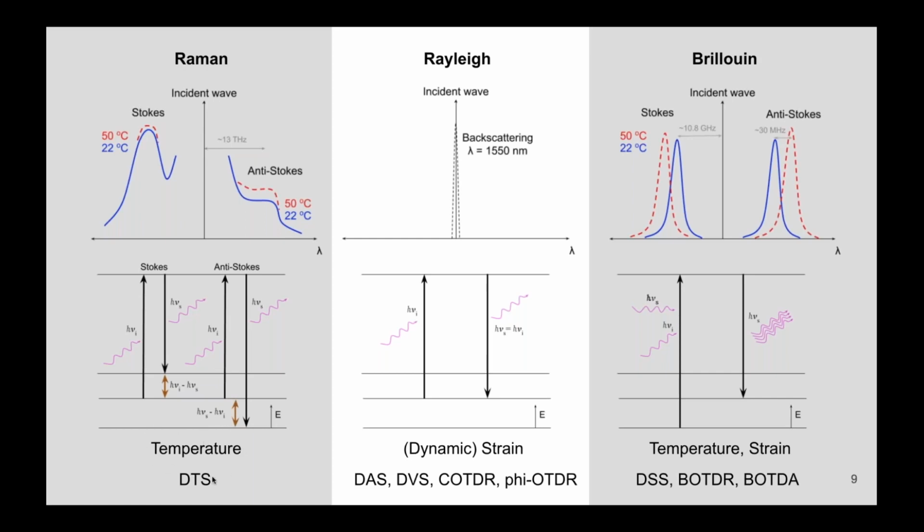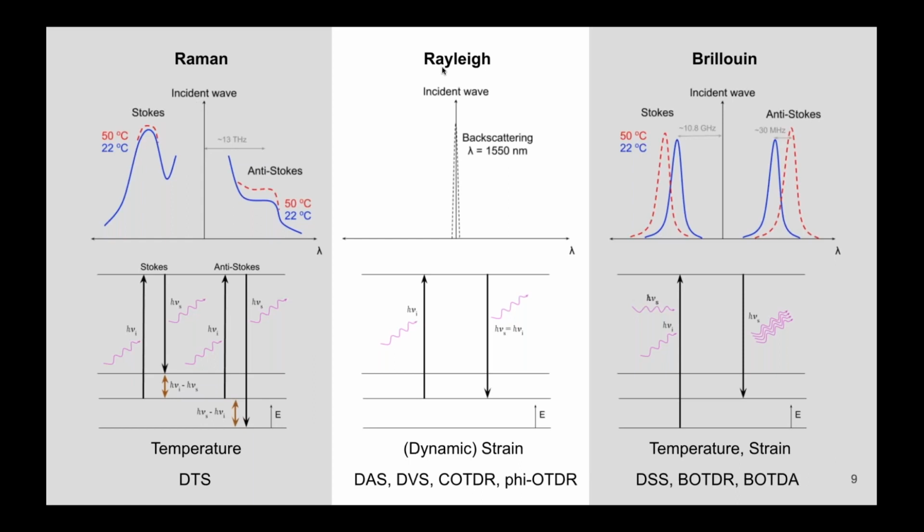This has been used for 10 to 20 years as distributed temperature sensing, in environmental seismology and hydrology in particular. Here I'm plotting the wavelength axis as a non-dimensional axis, but the incident wavelength is 1550 nanometers.